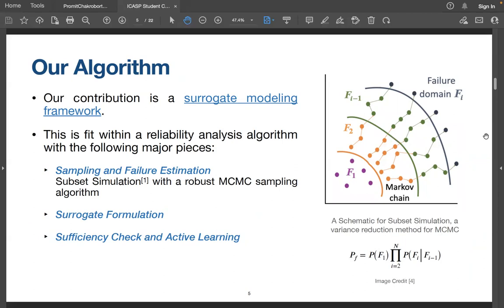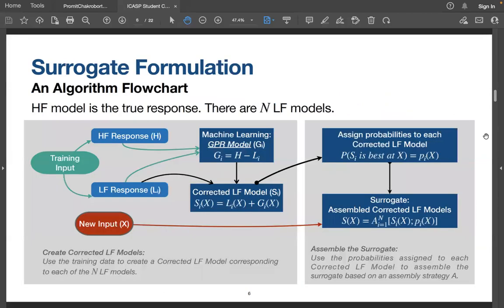Next, we sample from each of the subsets in turn and estimate the conditional probability that a sample lying in subset i also lies in subset i plus 1. Then, using the laws of conditional probabilities, we can multiply all of these conditional probabilities together and get the target failure probability that we desire, as shown in the equation on the bottom right.